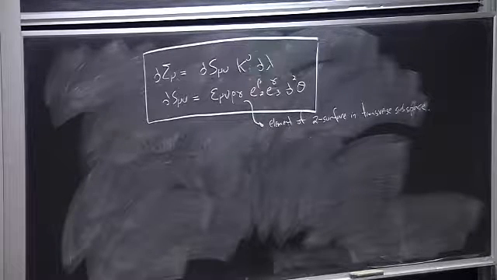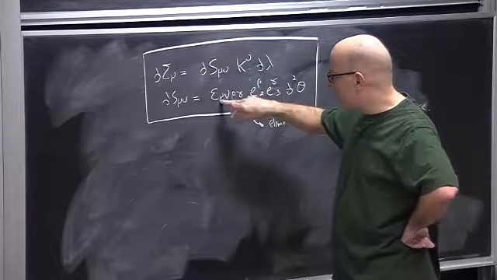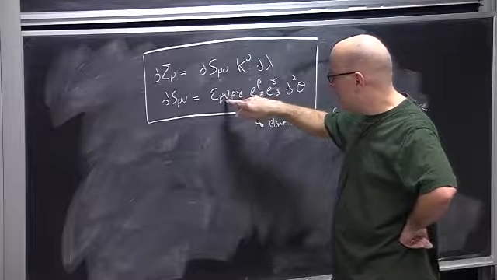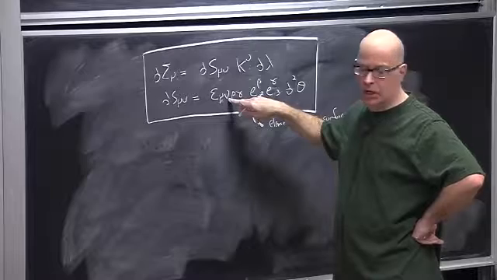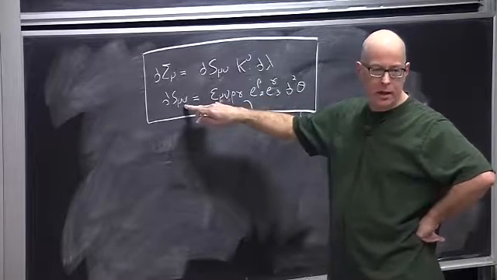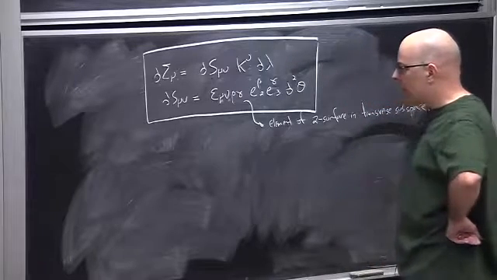First of all, let's try to figure out the properties of this guy. I've left two indices here free, and clearly this is antisymmetric under an exchange of mu and nu indices. So that quantity here is an antisymmetric tensor. So that part is clear.